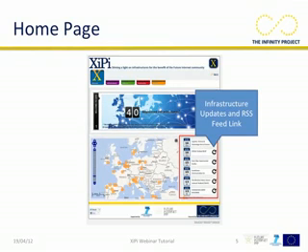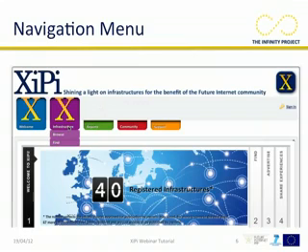You have an interactive map, and a list of the updates that also connects to an RSS feed, and this enables you to use your feed reader to be constantly updated about the latest changes to infrastructure or new registrations.